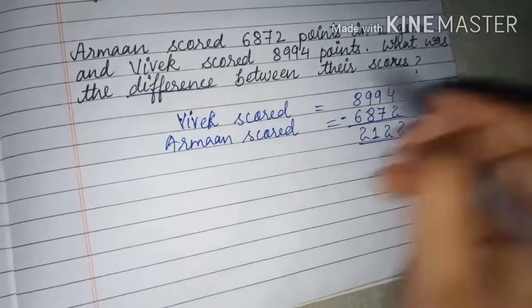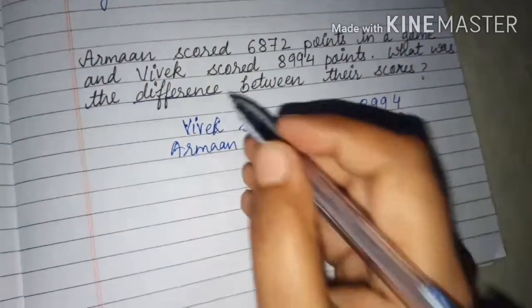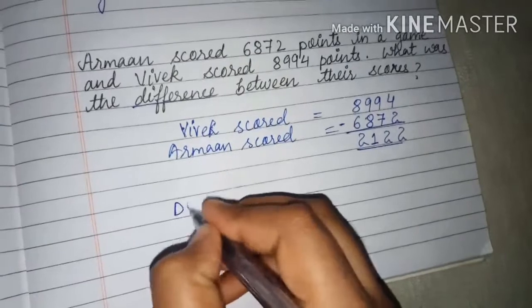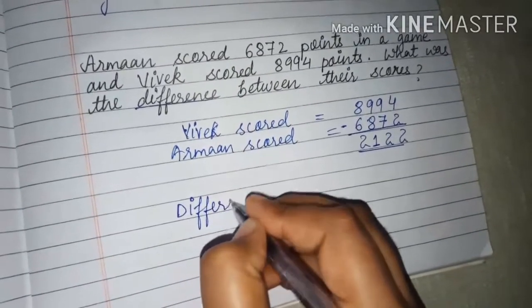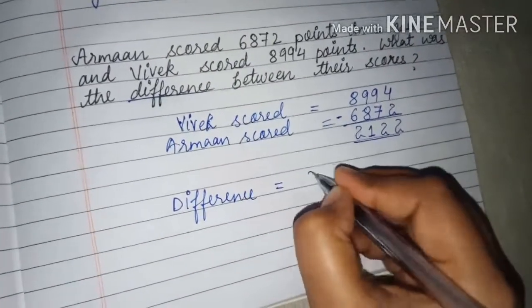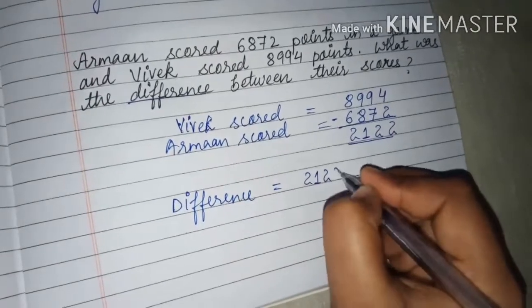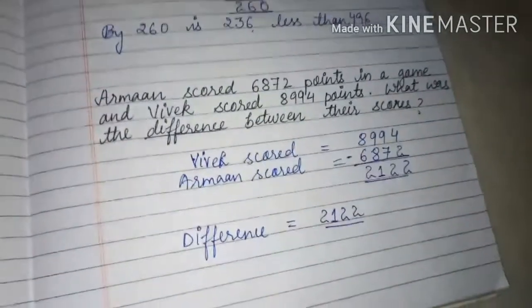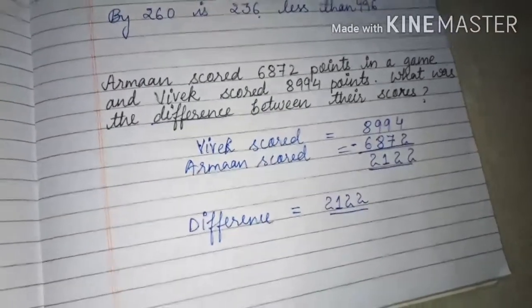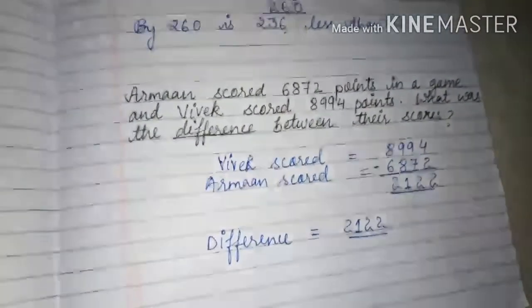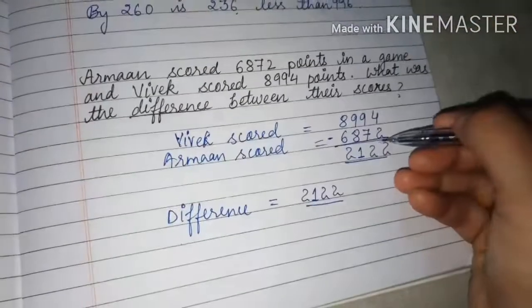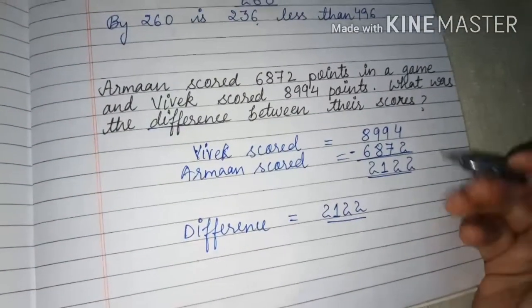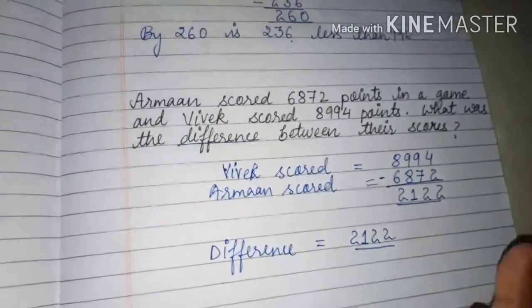So what was the difference between their scores? The difference is equal to 2122. Always remember, whenever there is the word difference in your question, you have to subtract the smaller number from the greater one. बड़े में से छोटे को subtract करना है.